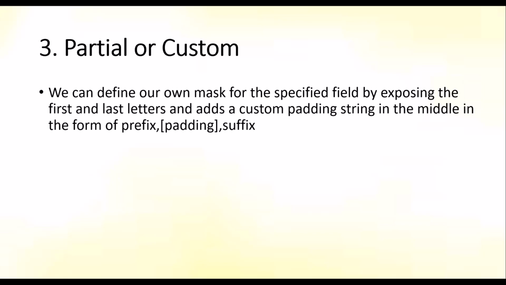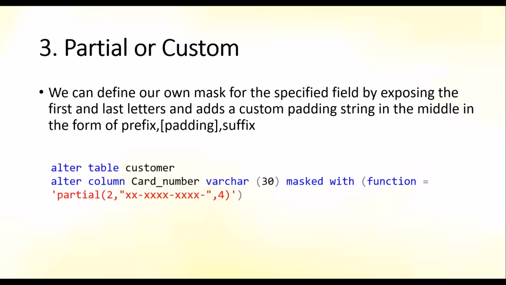This is a T-SQL script. Here you will use the ALTER TABLE command and ALTER COLUMN masked with function. If you see, 2 is the prefix, 4 is the suffix, and the padding is this one. I am using xxx and x. You can use any characters because this is a string.